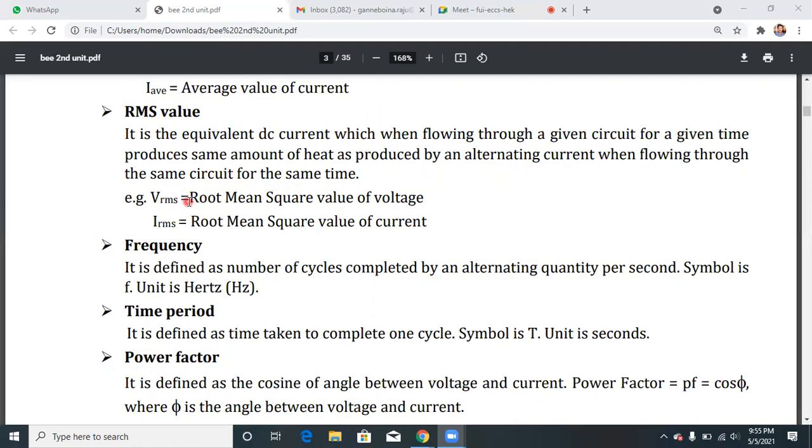VRMS is the root mean square value of voltage, and IRMS is the root mean square value of current. Okay, this is about RMS.